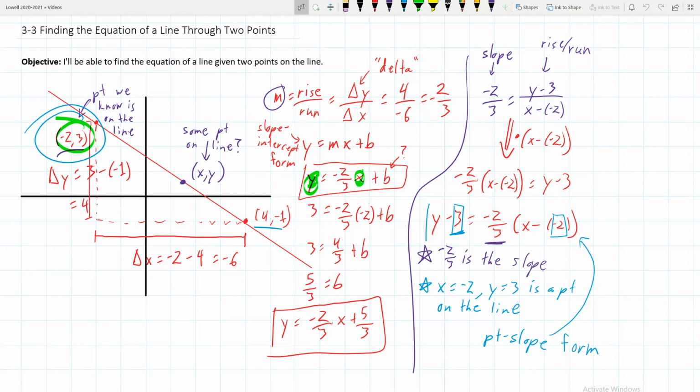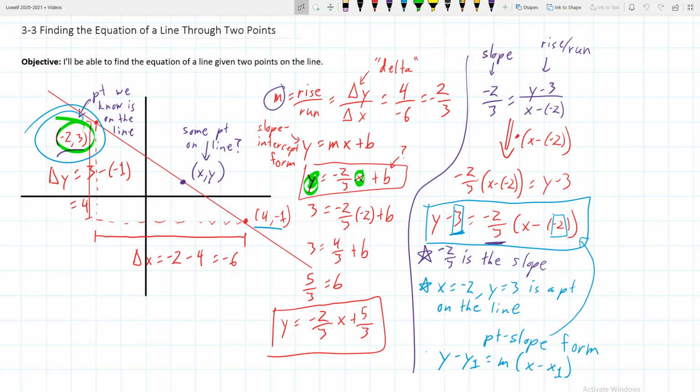So let us generalize it. Point slope form is really just this. It's y minus y1 equals the slope m times x minus x1.